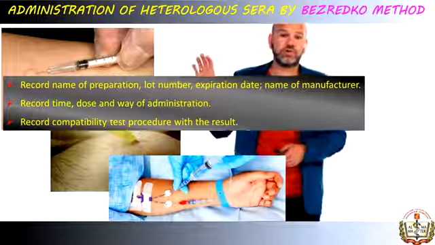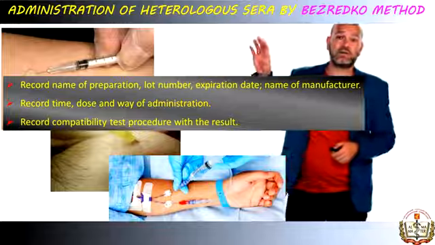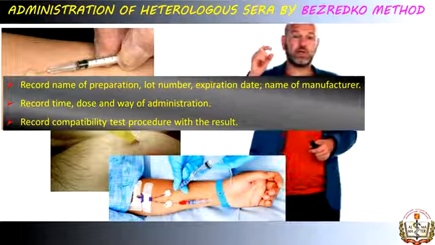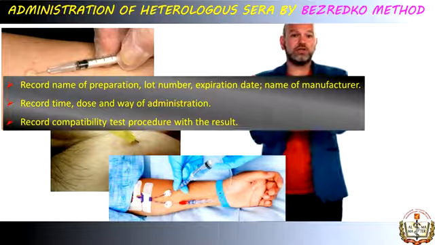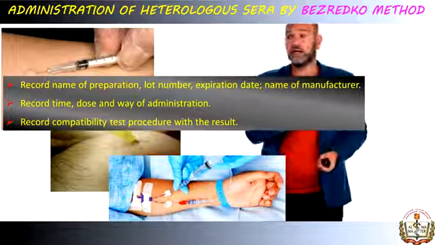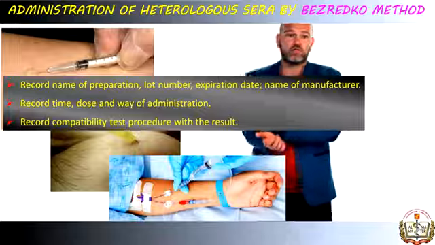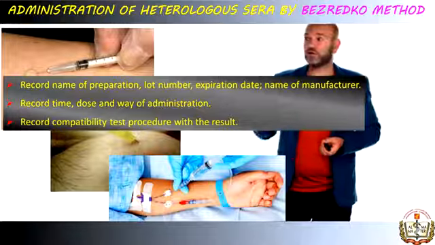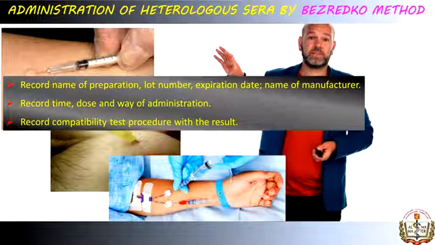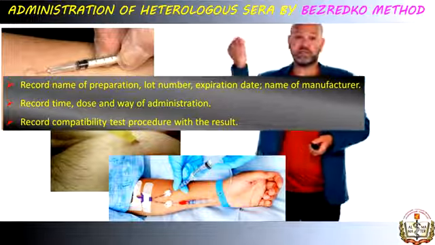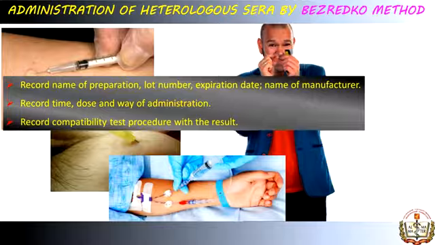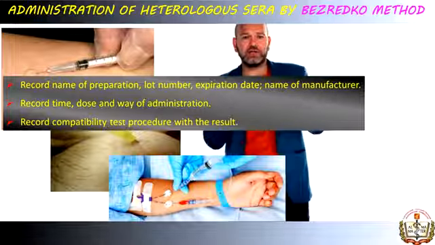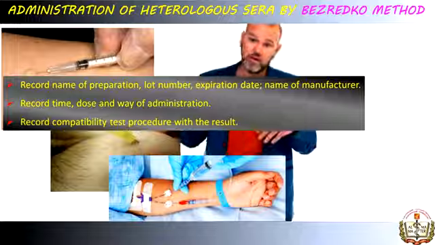First, intradermal injection of 100-fold diluted serum. It always comes in the set with the test tube. 0.1 milliliter you need to inject in the forearm, and you can use saline solution in the other forearm to control just the reaction to injection. And you need to observe for 30 minutes. If you have a lesion at the place of injection less than 1 centimeter, no hyperemia, no evidence of allergy, make step 2.